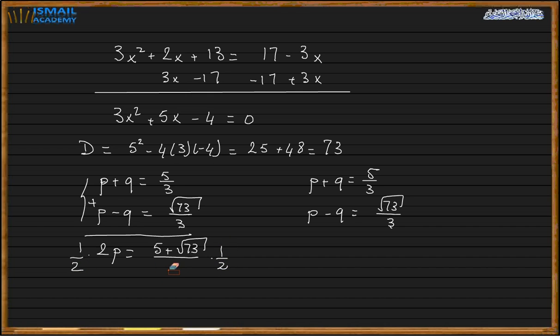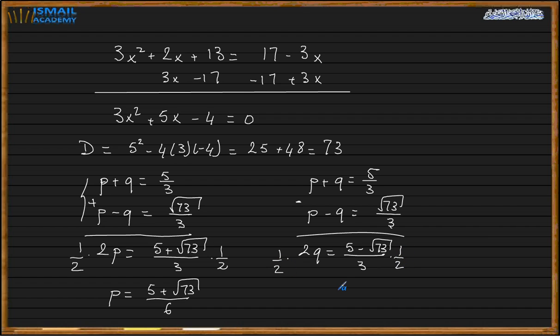So my p will be equal to (5 + √73) over 6. Here I subtract, so I will end up having 2q equals (5 - √73) over 3. Then I multiply by half both sides. So I got my q is (5 - √73) over 6.